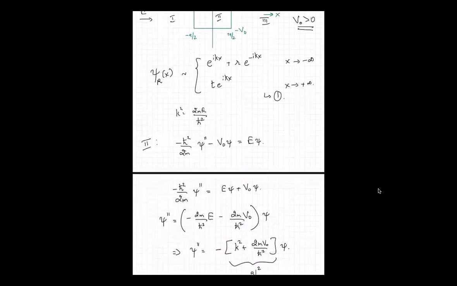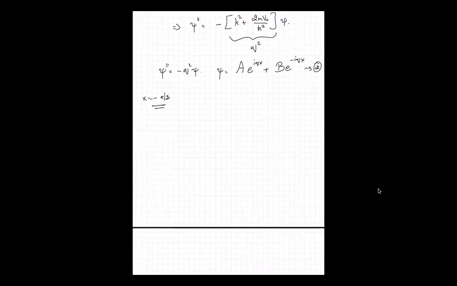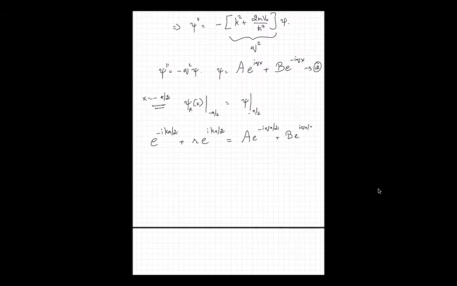The x equals minus infinity case is e^(ikx) plus r e^(-ikx). So psi_R of x at minus a over 2 should be equal to this psi at minus a over 2, which tells me that e^(-ika/2) plus r e^(ika/2) equals A e^(-qa/2) plus B e^(iqa/2). Okay, let's call this equation 1.